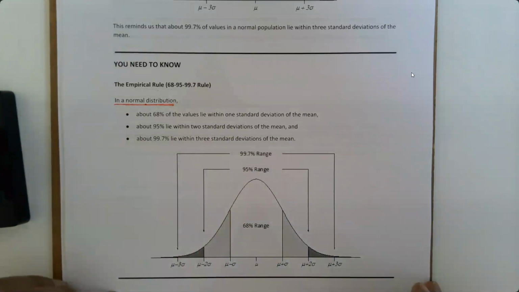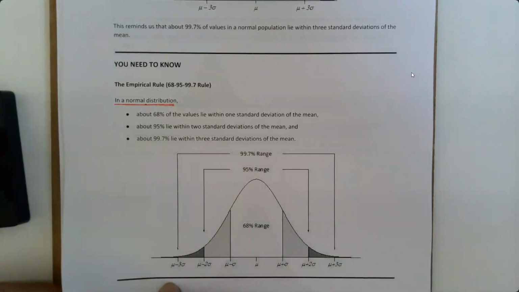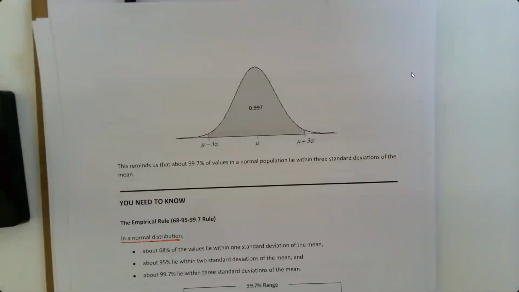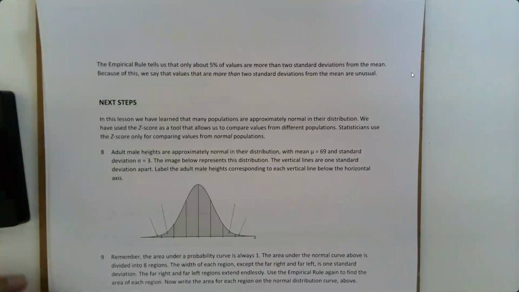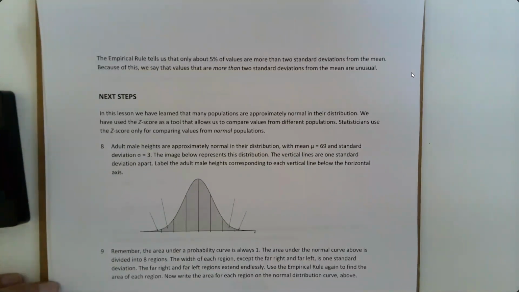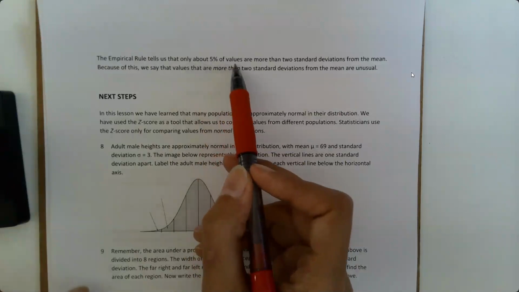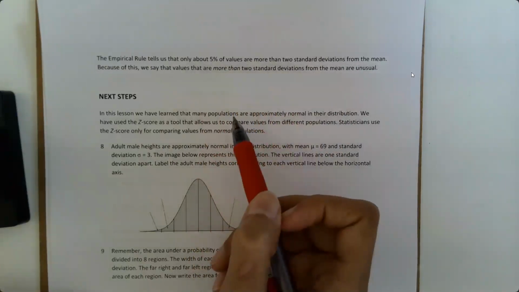Okay, let's go over some examples. See these in action. The empirical rule tells us that only about 5% of values are more than 2 standard deviations from the mean.